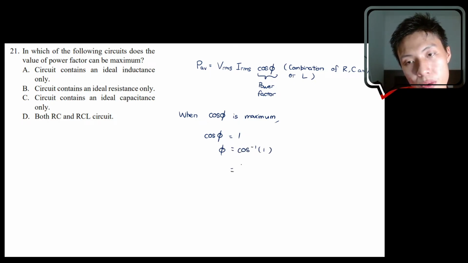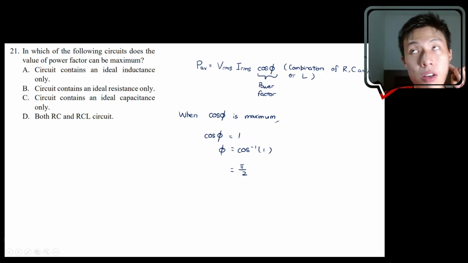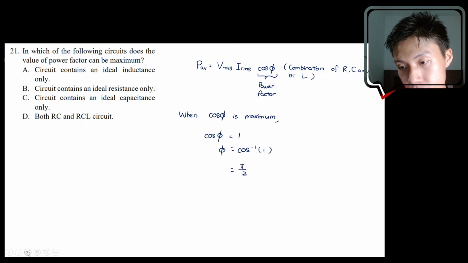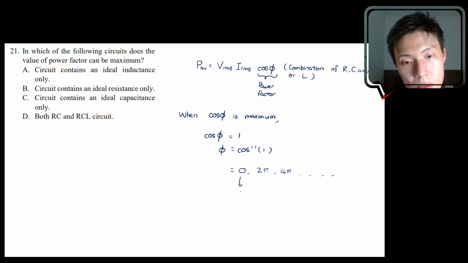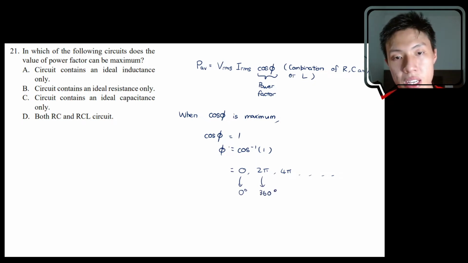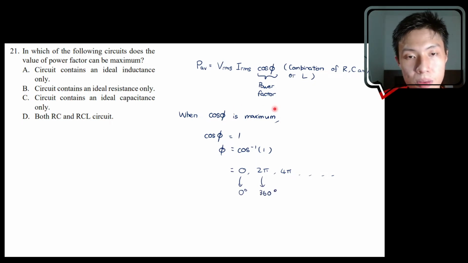Inverse cosine of 1 will be, oh, will be 0, sorry. It will be 0, will be 2 pi, will be 4 pi, and so on. So knowing that, we know that our angle for phi here must be either 0 or 360, and so on. So what it means is, if you want your cos phi to be maximum, your phi should be equal to 0 degrees.